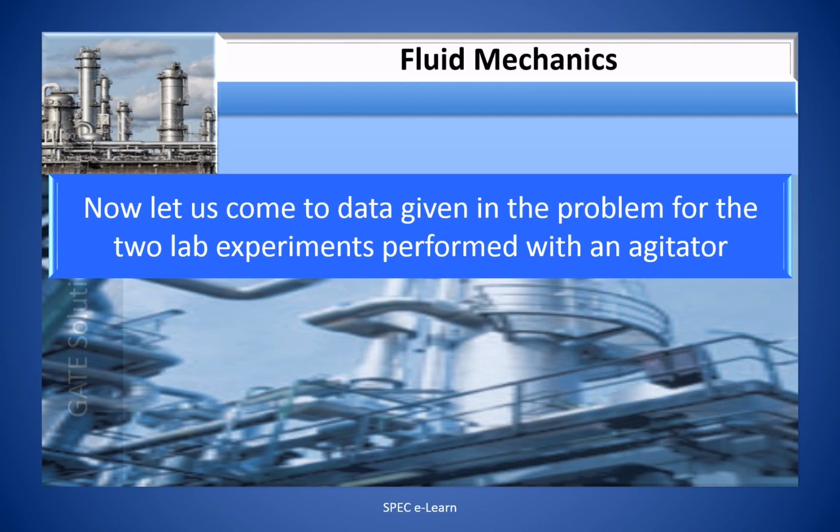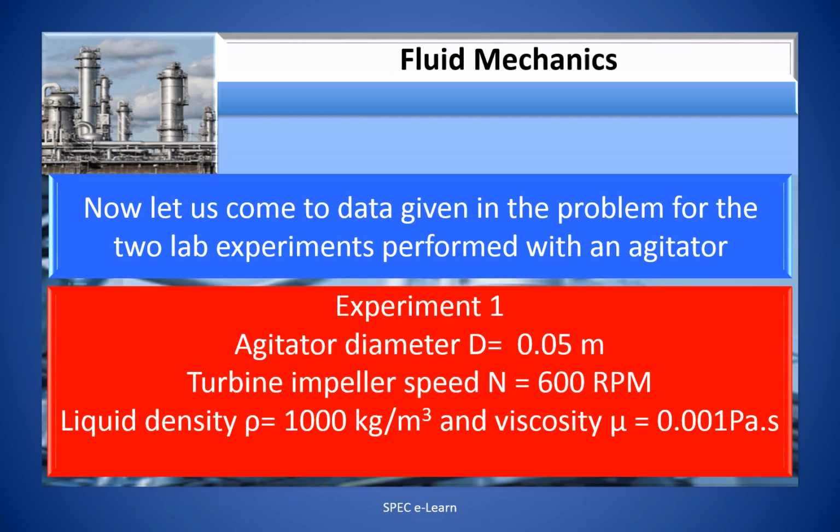Now let us come to the data given in the problem for the two lab experiments performed with the agitator. Experiment 1. Agitator diameter d equal to 0.05 meter. Turbine impeller speed n is equal to 600 rpm. Liquid density rho equal to 1000 kg by cubic meter and viscosity mu equal to 0.001 Pascal second.